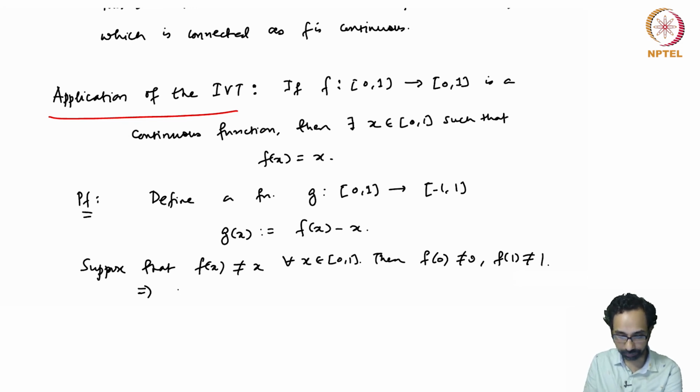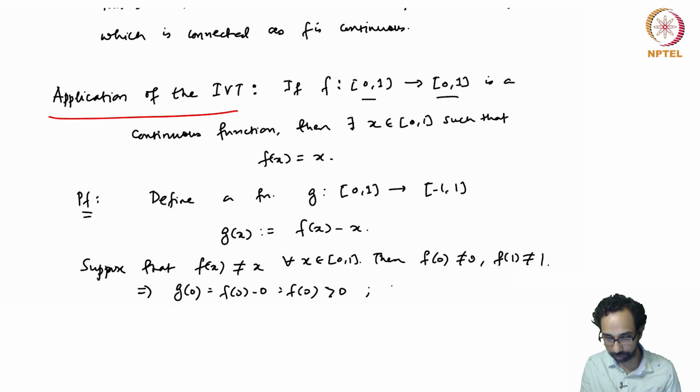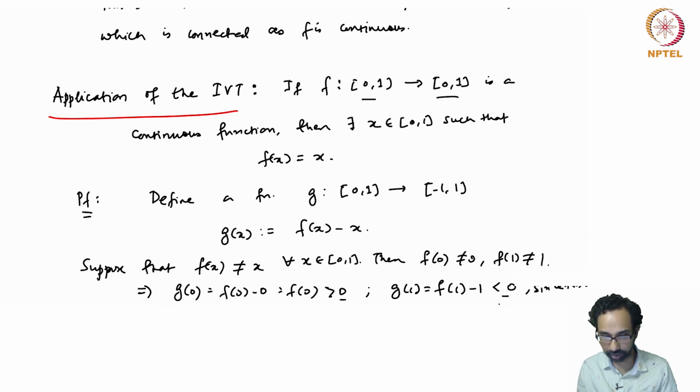This implies that g(0), which is f(0) minus 0, is just f(0), and this must be greater than 0 because f is a function from [0, 1] to [0, 1]. Similarly, g(1), which is f(1) minus 1, is less than 0 since f(1) is less than 1. So g(0) is greater than 0 and g(1) is less than 0.